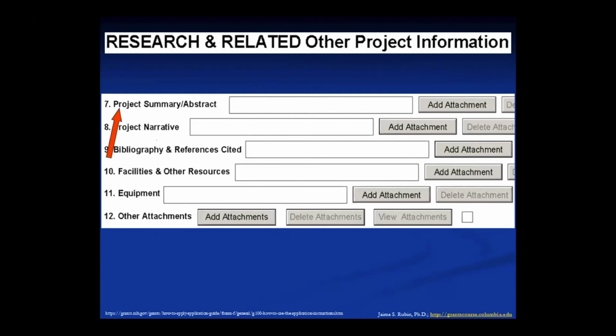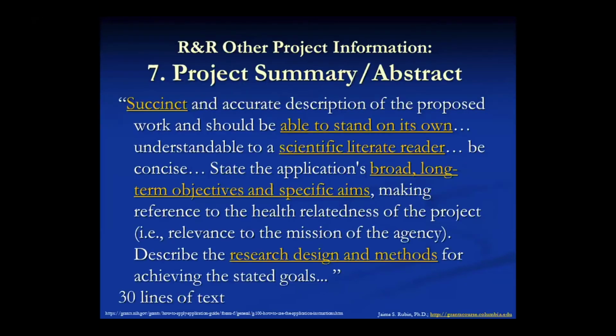So moving right along with this page, project summary abstract. Spend a lot of time on the project summary or the abstract. When the grant is funded, this is what's going to get posted to NIH Reporter. You're allowed 30 lines of text. Many times, this is the second thing that the reviewers are going to read, the title and then the abstract.